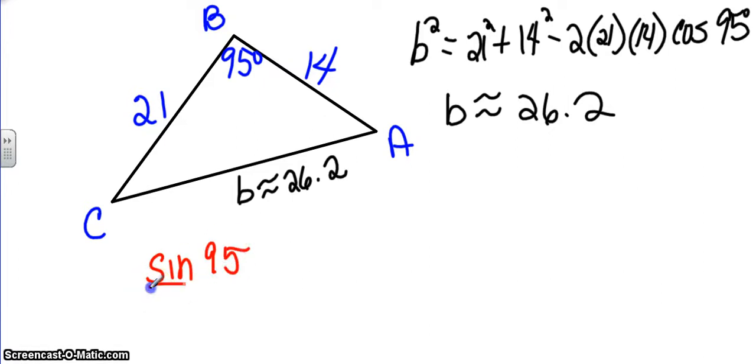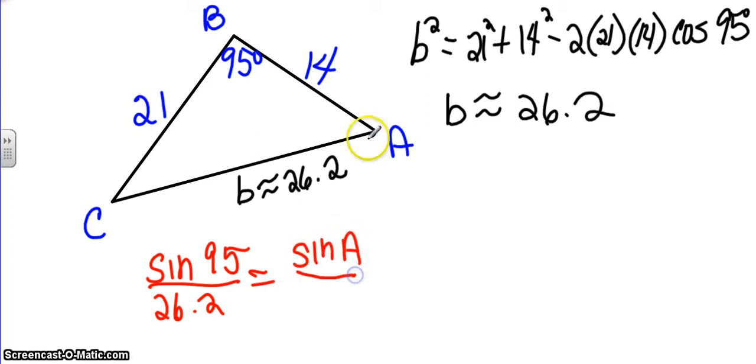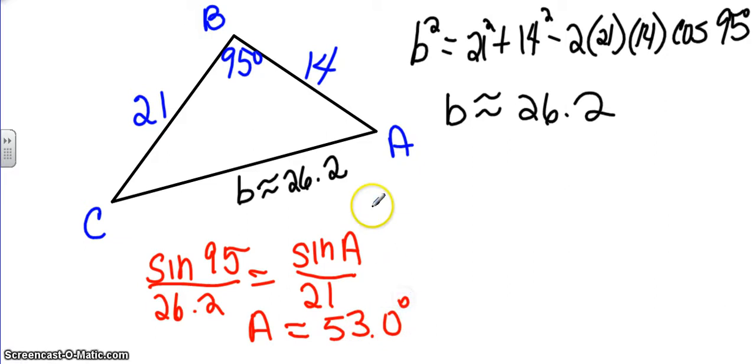I'm going to say sine 95 over 26.2 is equal to sine A over 21. 21 is opposite side A. And I want to solve for A. So I would do a product of the means equals product of the extremes, and I'm going to have to use the arcsine or the inverse sine to find A. So A is approximately 53 degrees.